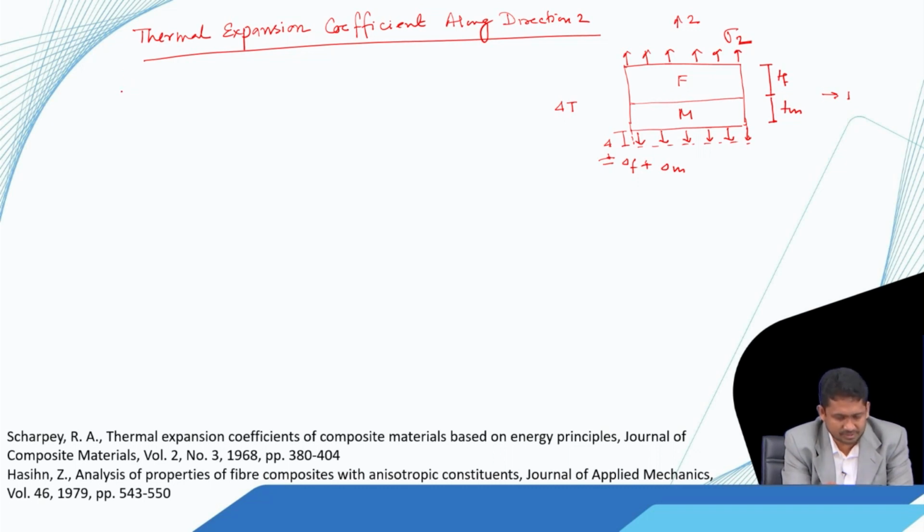The stress along the fiber is equal to sigma 2 because stress in fiber and matrix are the same.